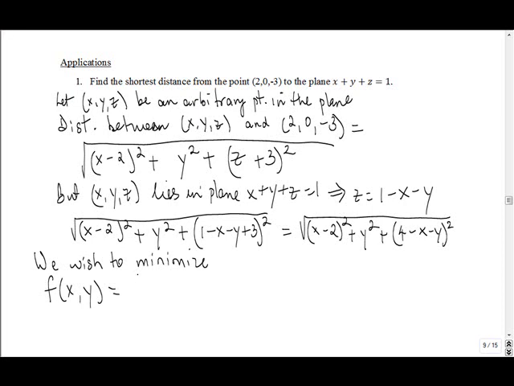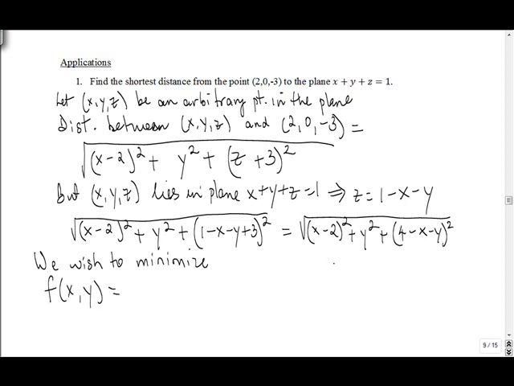Now there's a little trick. Our distance has the square root thing, right? Now I certainly do not want to find the first partials of that function. It's going to be crazy. So there must be an easier way. Minimizing this square root function is the same thing as minimizing it without the square root.